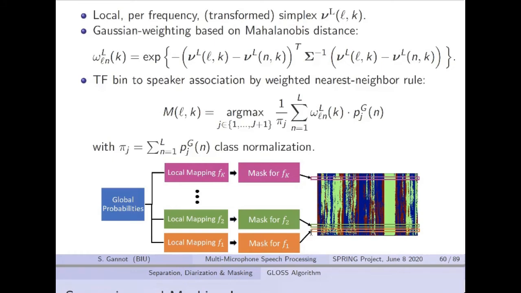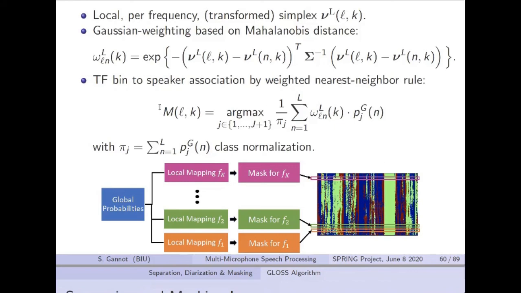then we need to organize them all together according to the same global simplex. If we do not tie them together, then the separation of each frequency bin can be permuted. So we have to tie them together to the same global decision.